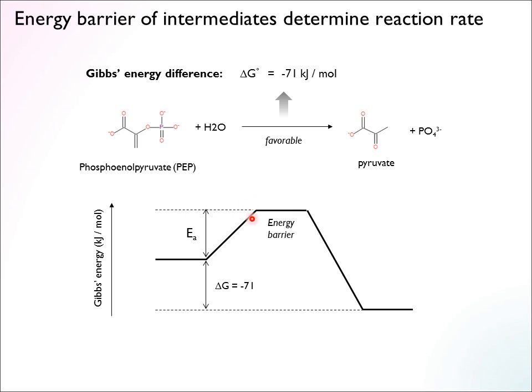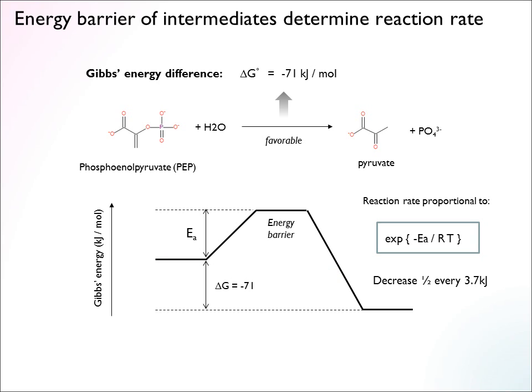This is a kind of energy barrier, and it has to do with the fact that in order for a reaction to occur, the substrate usually has to form some type of higher energy intermediate or activated complex before they can fall down and become products. The amount of energy you have to put in to go over this barrier determines how fast the reaction will go in the direction from substrates to products.